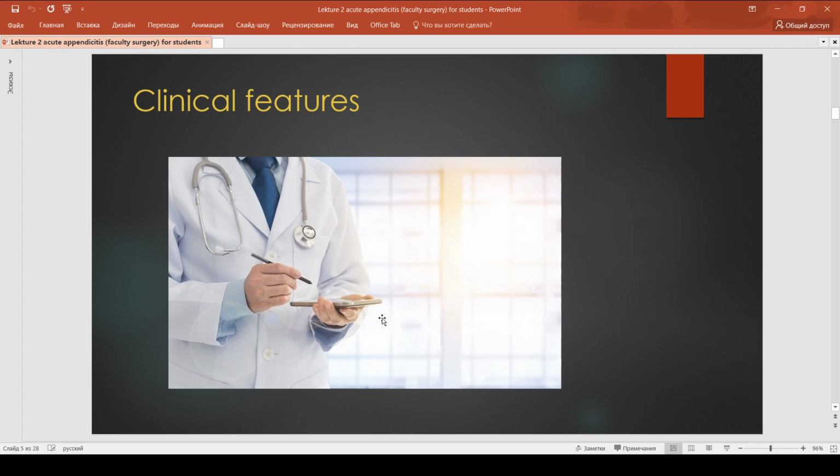It is air going from the lumen of the colon that irritates the appendix vermiformis.